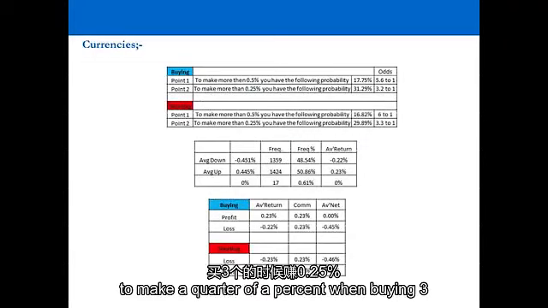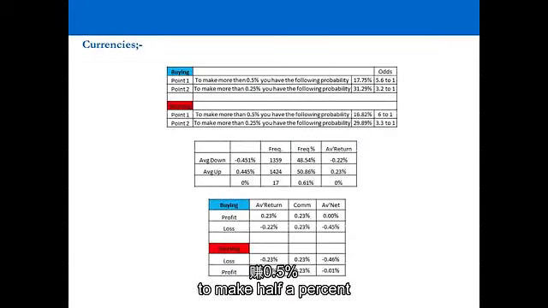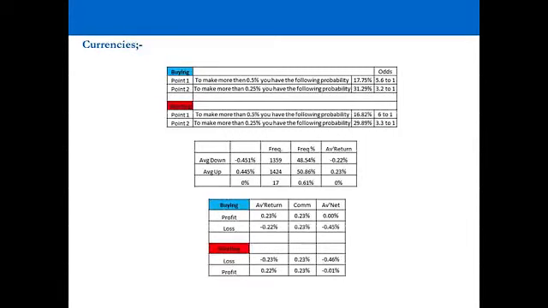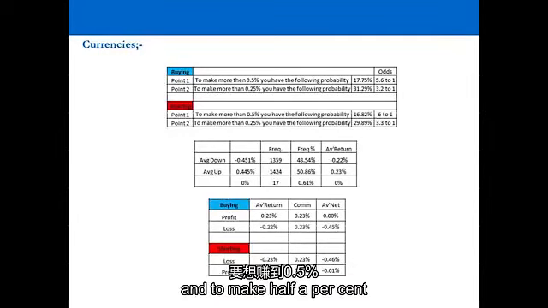To make 0.25% when buying, 3.2 to 1 against. To make 0.5%, 5.6 to 1 against. Shorting, on a day when you decide to short, you've got 0.25%, you've got 3.3 to 1 odds against. And to make 0.5%, 6 to 1 against.